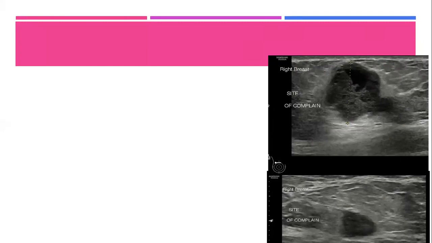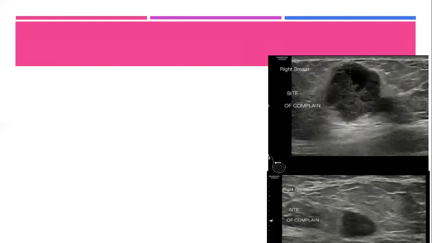I think there is ductal extension. Excellent, well done. Yes, there is ductal extension. So I will upgrade the BIRADS for this mass to 5.